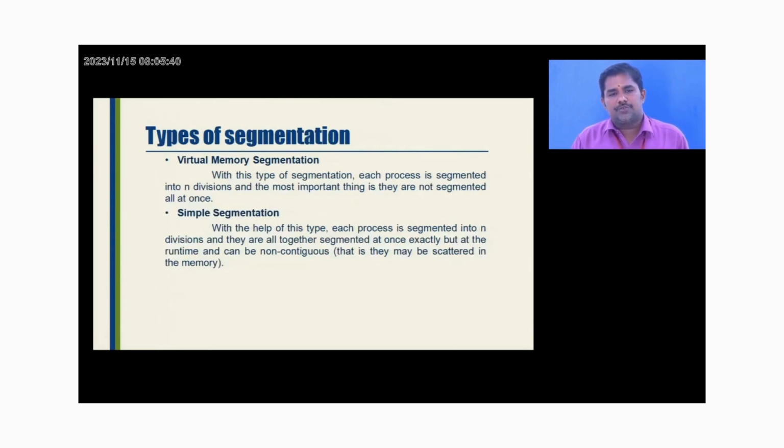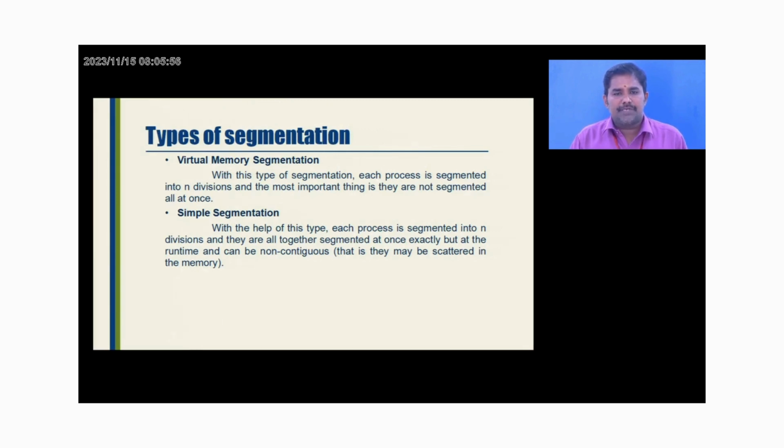There are two types of segmentation. In virtual memory segmentation, each process is segmented into n divisions, and the most important thing is that they are not segmented all at once.